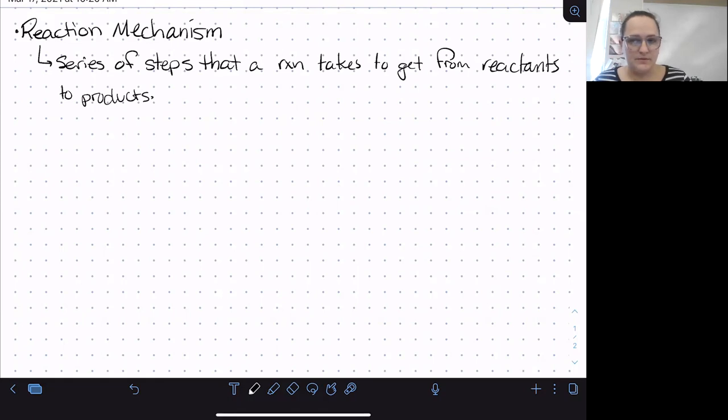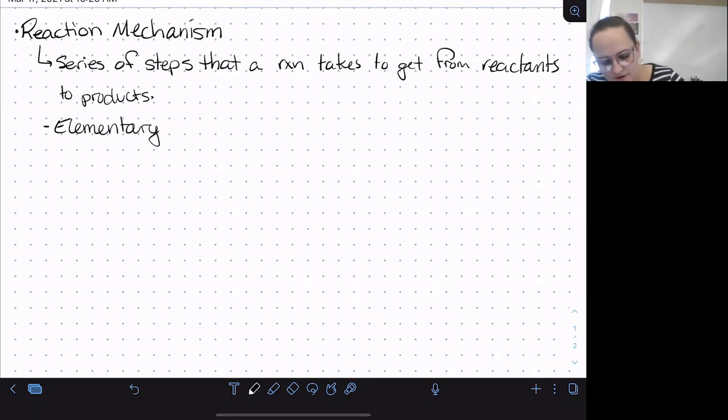Sometimes it does happen all at once, sometimes it is just one step, but most probably, chemical reactions are a series of multiple steps that occur. So each individual step is what's known as an elementary reaction.